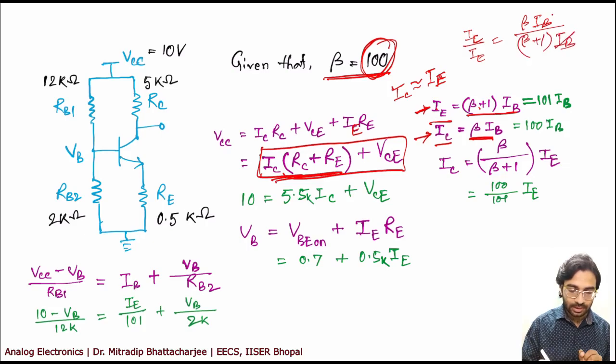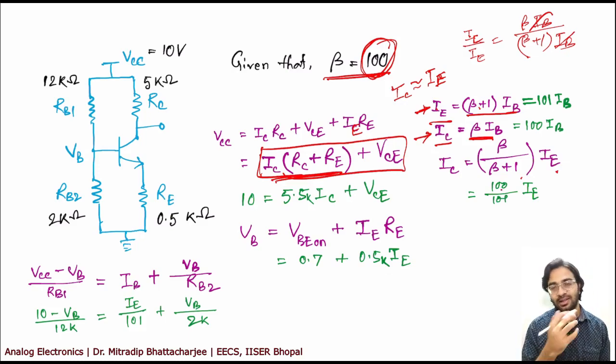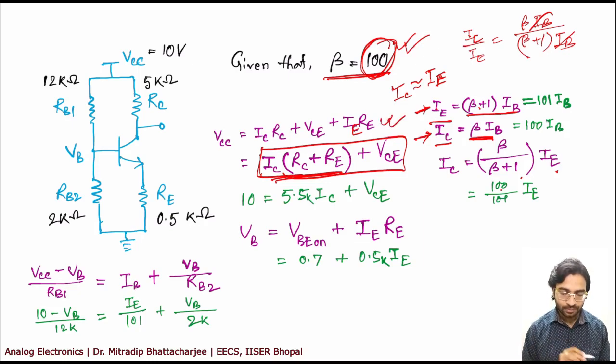So your IB will get cancelled. Ultimately IC is equal to beta divided by beta plus 1 into IE. That is what is left. Now if you put the value of beta, it is 100 divided by 100 plus 1, which will be very close to 1. For a sufficiently high beta value, IC can be taken as equal to IE. This will make your life simpler. However, if you don't want, you can keep this equation as it is.